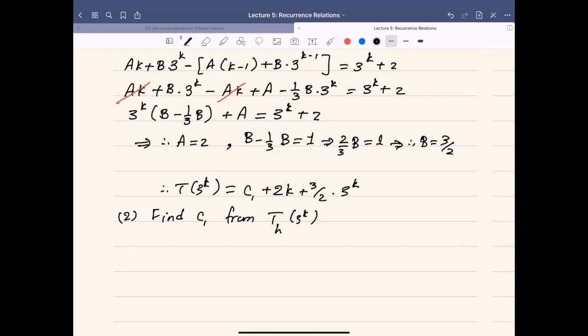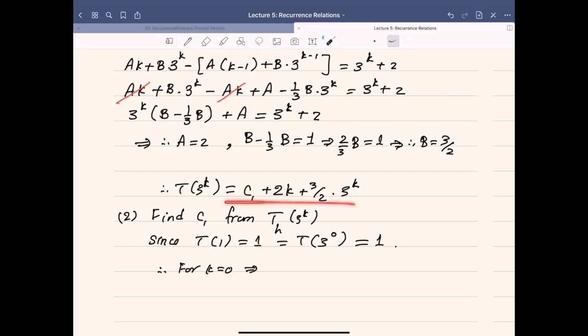Since T1 is equal to 1, then this is equal to T(3^0), which is equal also to 1. So substitute for k equal to 0 into this equation.